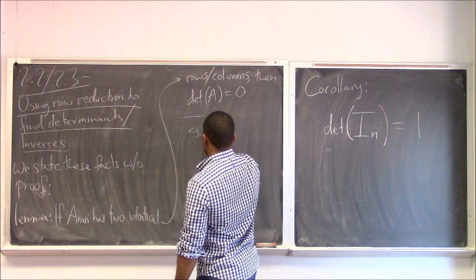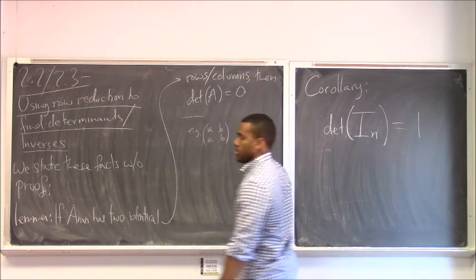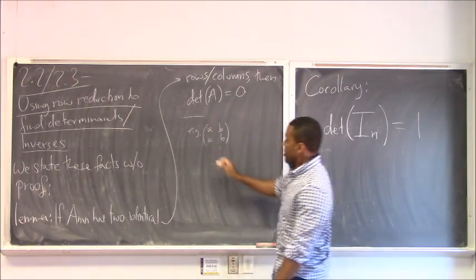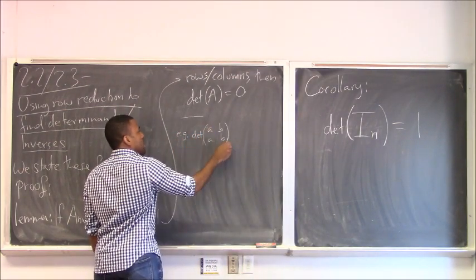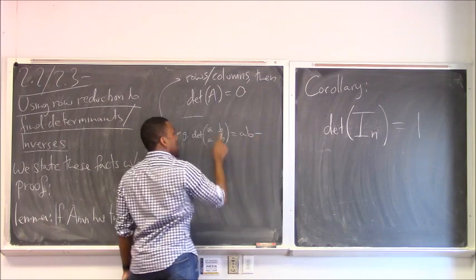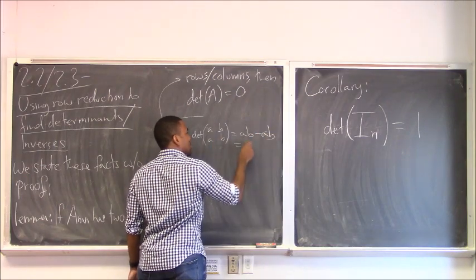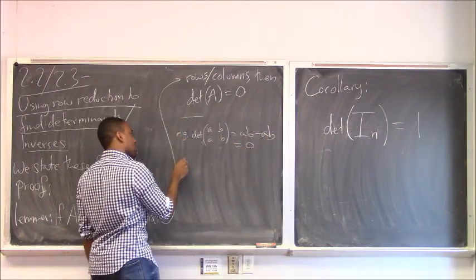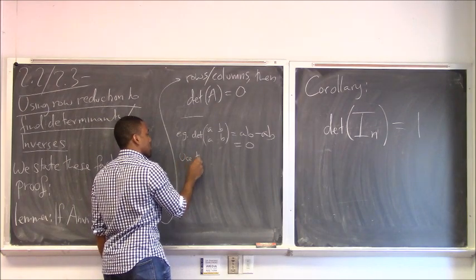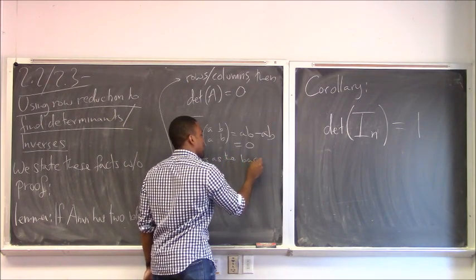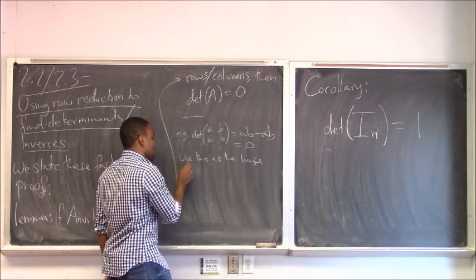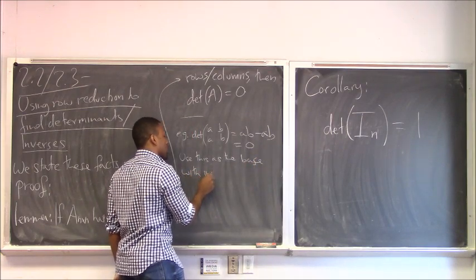It's actually easy to see this with a 2 by 2, right? Because the determinant of that will be AB minus AB, which is 0, and you can use this as the base with induction to prove for larger cases.